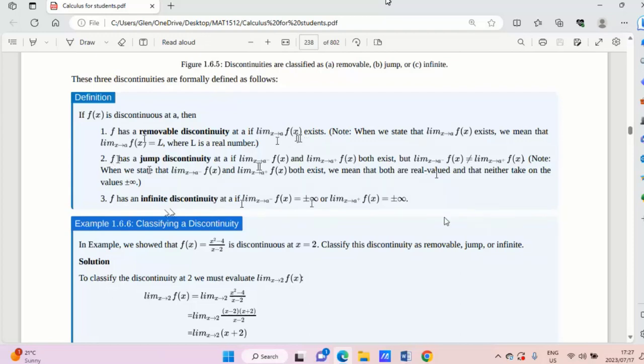And then f has an infinite discontinuity at a if the limit of f of x as x approaches a from the left as well as from the right both equal positive or negative infinity.